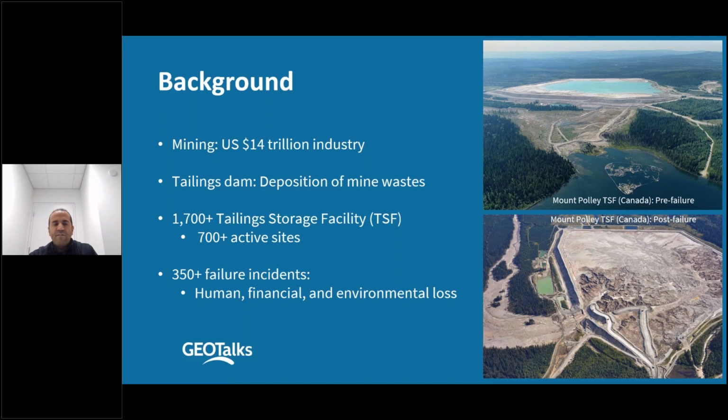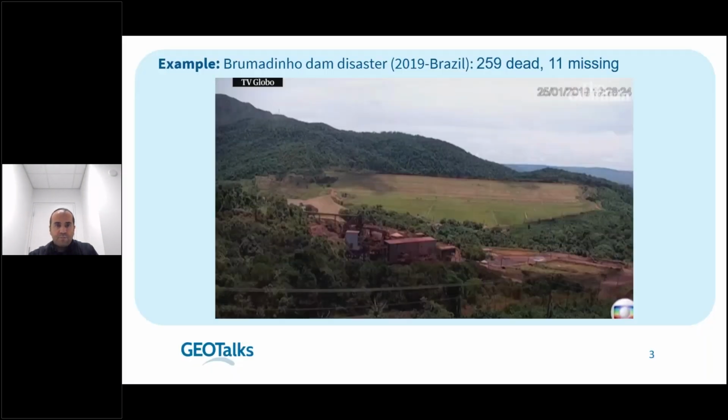But when we consider the failure incidents, there are more than 350 failure incidents with their own human, financial, and environmental losses. I should note that the failure of the dam breach should be valid for active and passive sites, so the problem should be considered.